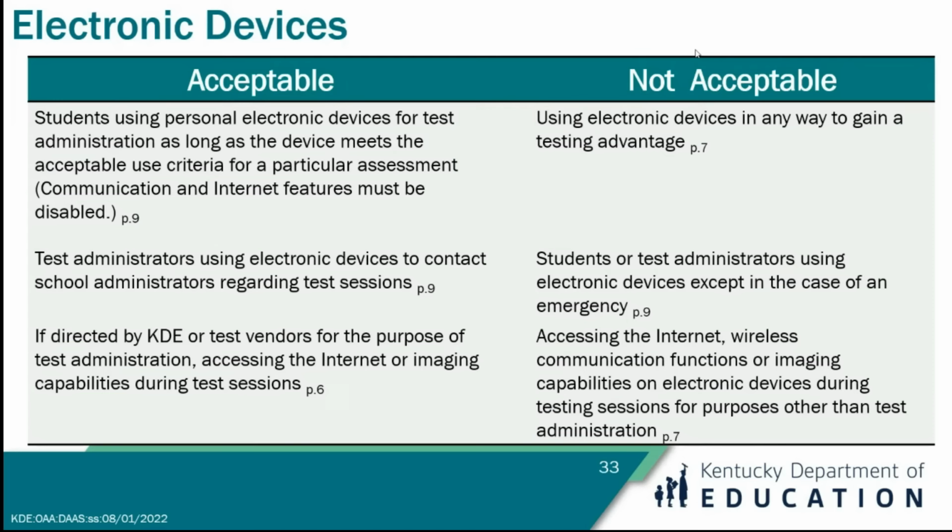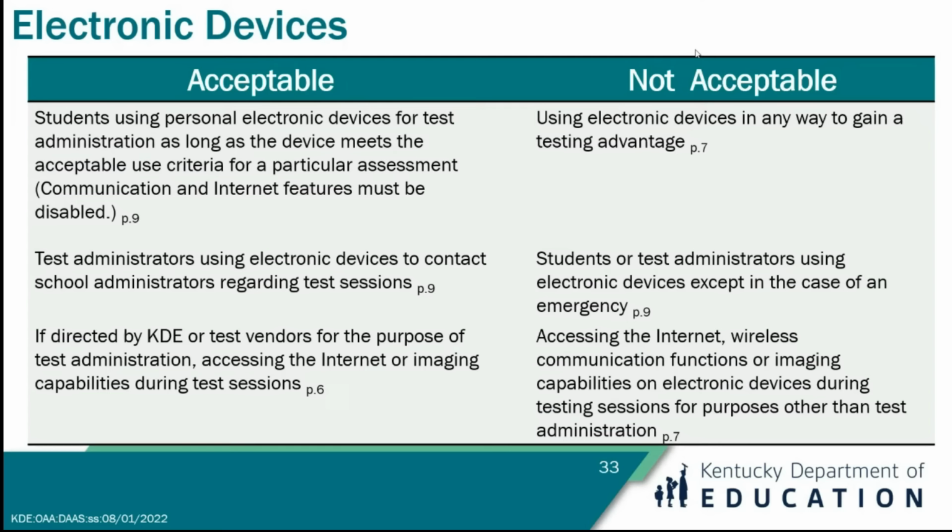It is acceptable for test administrators to use electronic devices to contact school administrators regarding test sessions. Examples: problems with materials, student illness, administration questions, breaks, etc. BACs or principals may routinely request that teachers use their personal cell phones to notify the office of a need in a classroom.